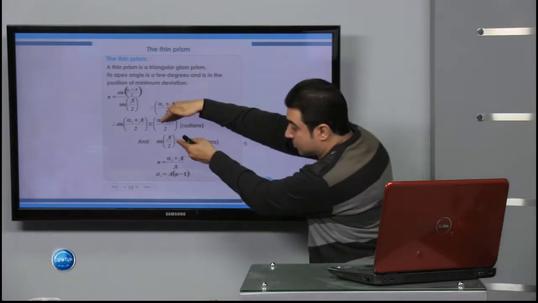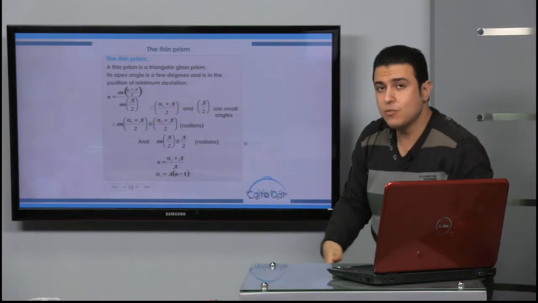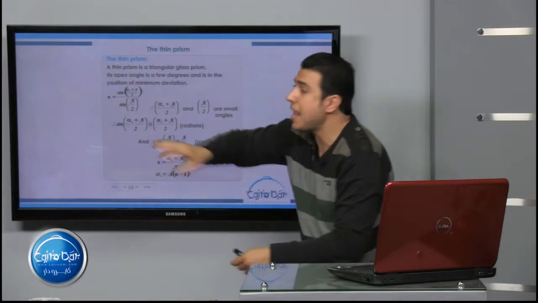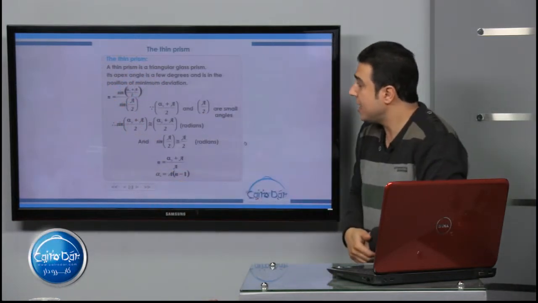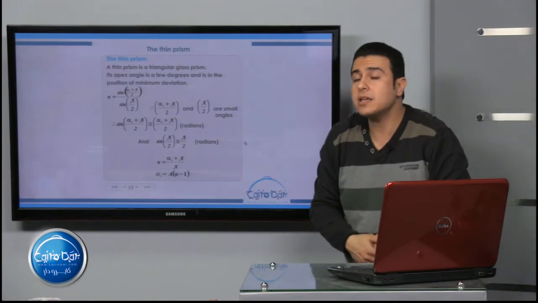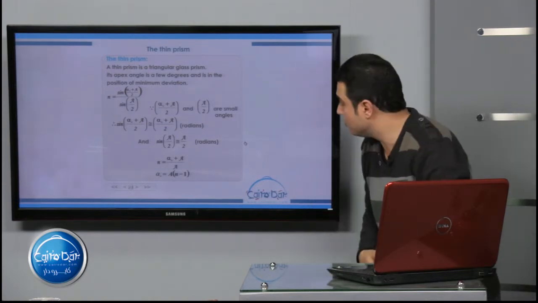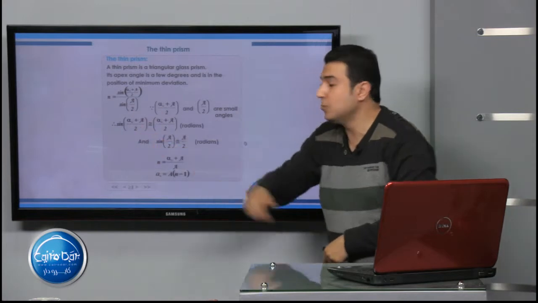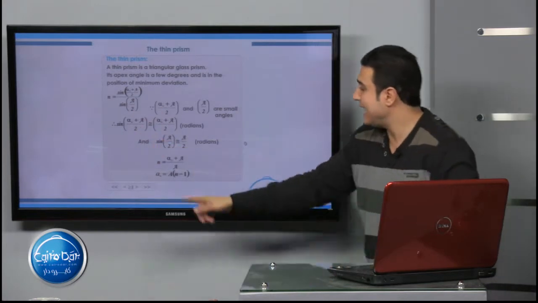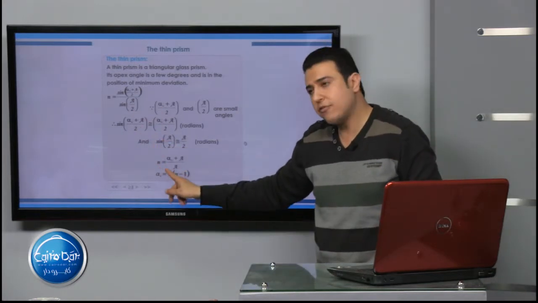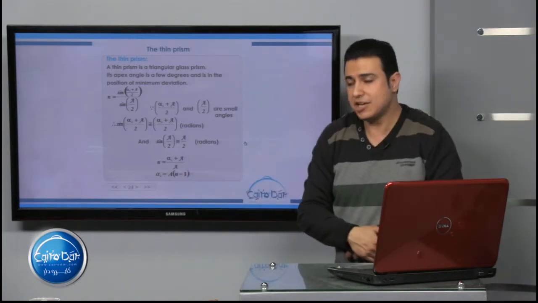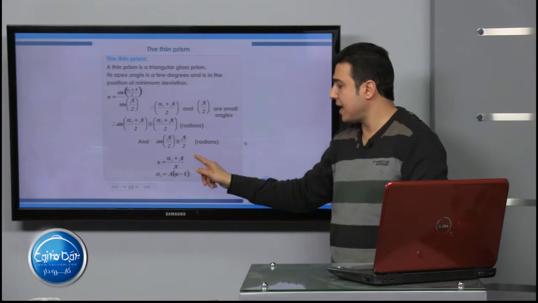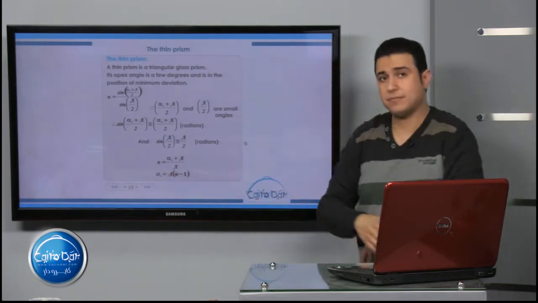From these 2 equations, we can substitute in the main equation. So n equals (alpha naught plus A) over 2, divided by A over 2. We can cancel 2 with 2, so n equals (alpha naught plus A) over A. Making cross multiplication, alpha naught plus A equals n times A.